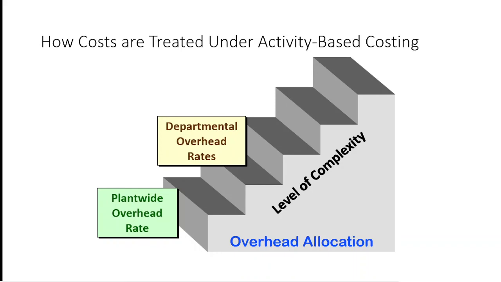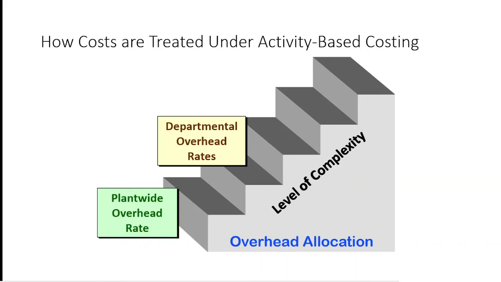Then you have departmental overhead rates, which means every department has to have its own rates. Finance will have its own rates, HR, customer service, logistics, supply chain, manufacturing, and quality control all have their own overhead rates.